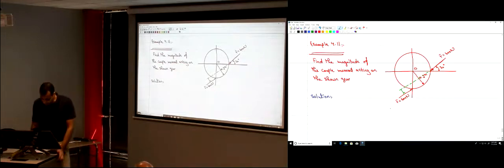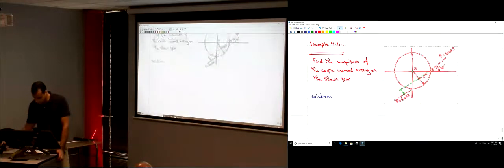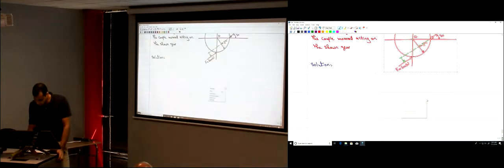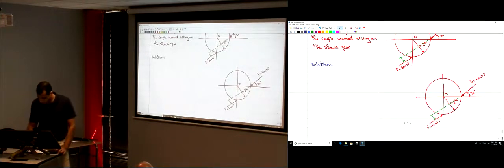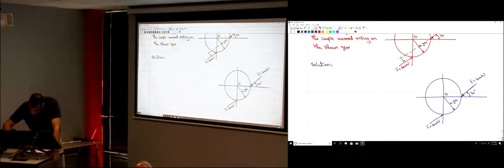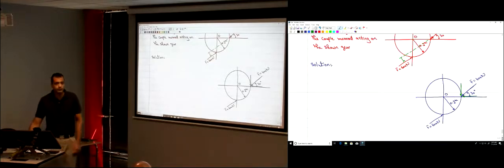So I'm just going to copy this here. Instead of finding this green distance, which I don't have, I will try to resolve this force into two components, right?